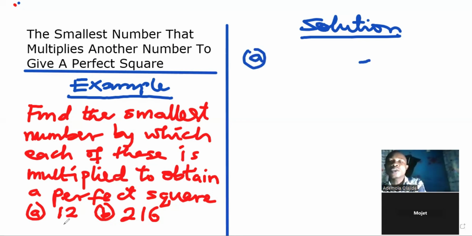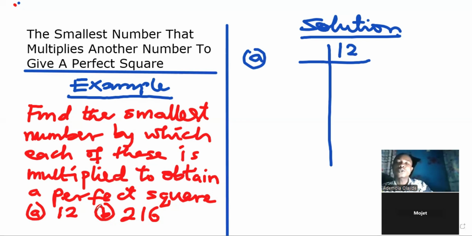we divide 12 down. You can think of numbers that can divide 12. Previously, we talked about even numbers, odd numbers, prime numbers. You remember? Even numbers are numbers divisible by 2, numbers that you can use 2 to divide without remainder, like 2, 4, 6, 8, and so on.